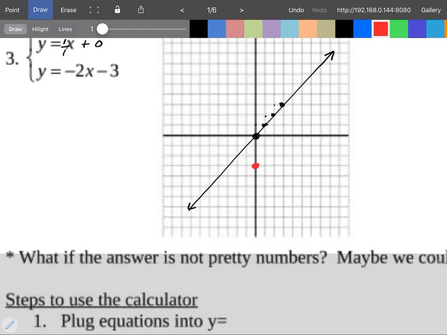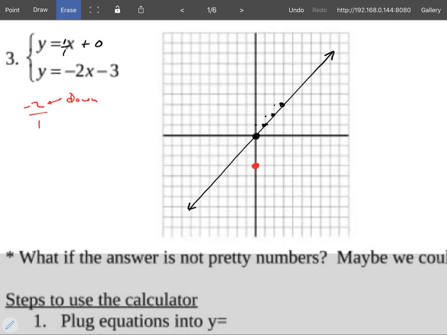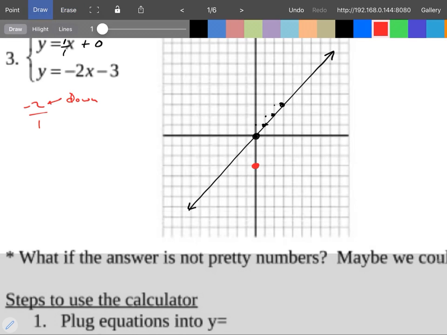And then my slope for this one is -2 over 1. So remember, that top number tells you how far you go up or down. So since it's negative, you go down 2. And then you go to the right 1.